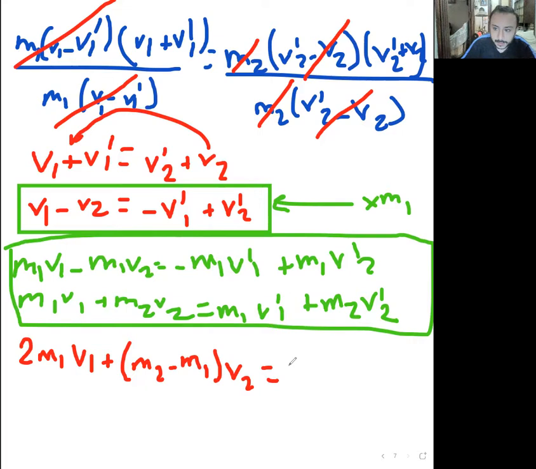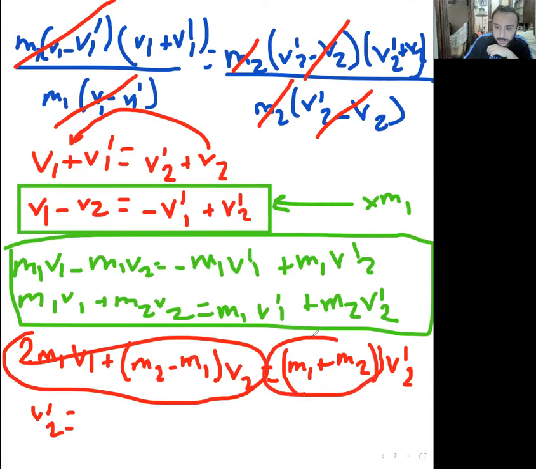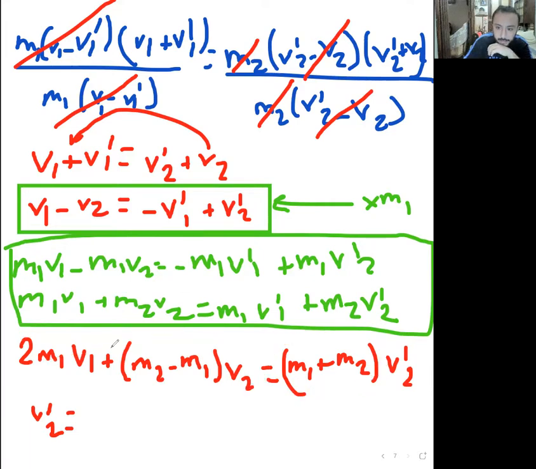So I will get m1 v prime 2 plus m2 v prime 2, which I can put in factor, m1 plus m2 factor of v prime 2. So from this equation, I can get v prime 2. v prime 2 is this divided by m1 plus m2.